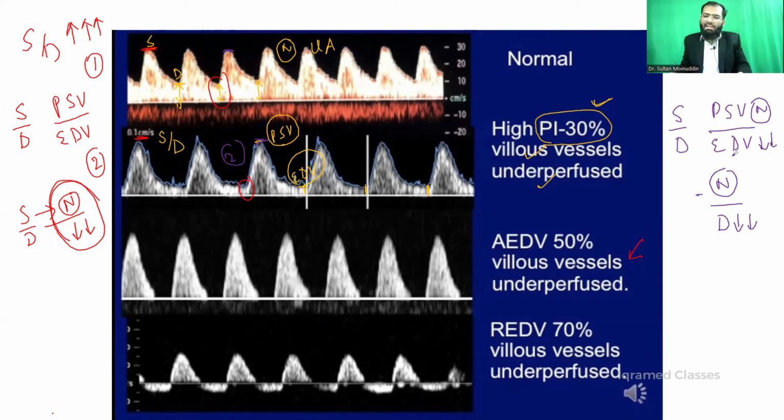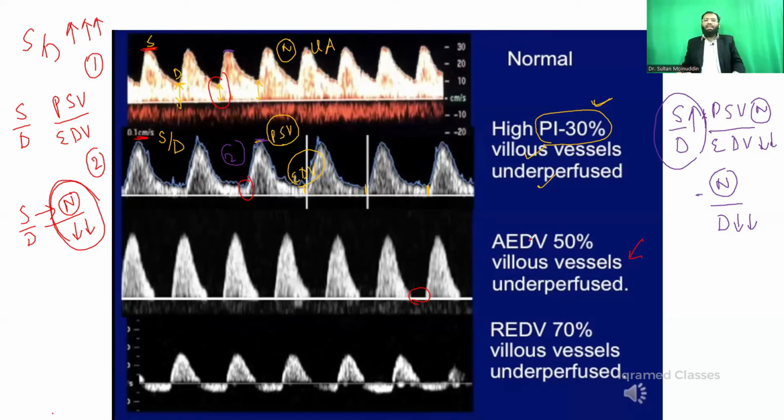So what would happen to the ratio? The ratio would increase, because whatever is in the denominator is inversely proportional to the ratio. So EDV decreases and the S by D ratio goes on increasing. Now a time comes when this end diastolic flow is absent.